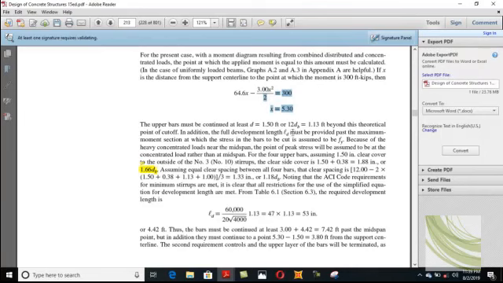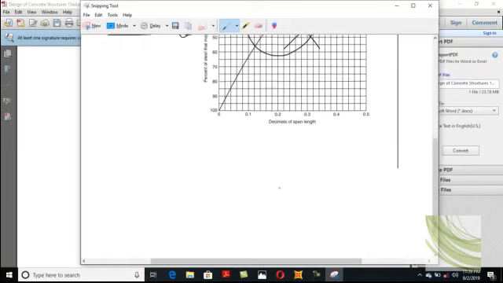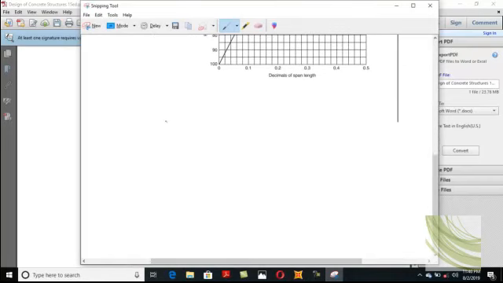Now this is the ACI restriction. As we see, our theoretical cutoff point lies, this is the face of support, and this is your beam.